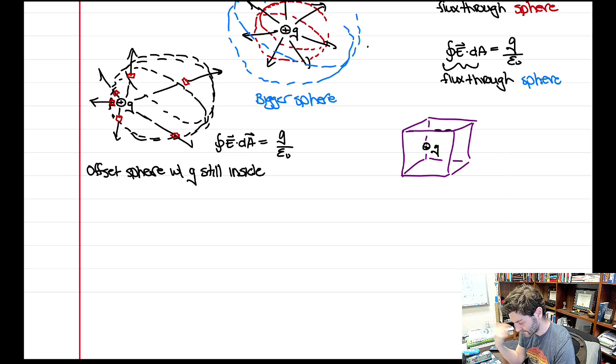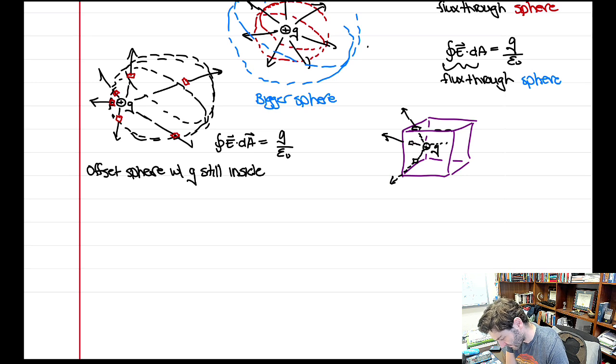Doesn't matter. Because again, as I look at the electric field vectors that pierce through the cube, they go through patches of the cube at different angles. Maybe there's one that pierces through this front-facing side, and this one goes through the side here.